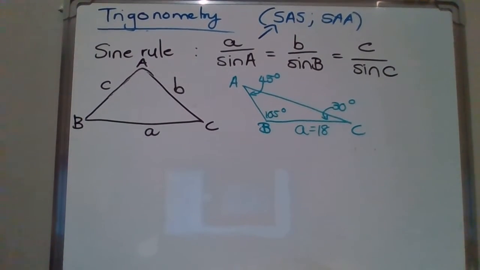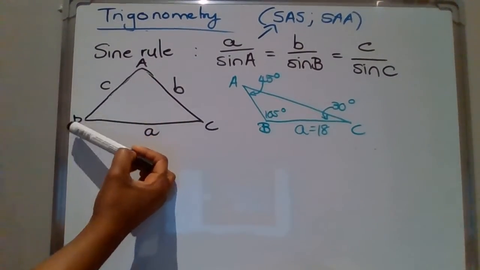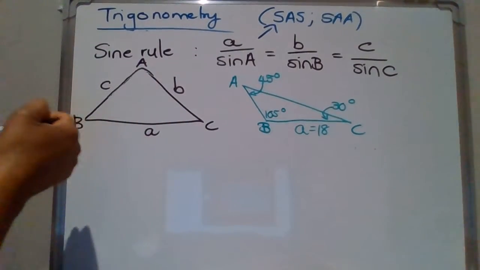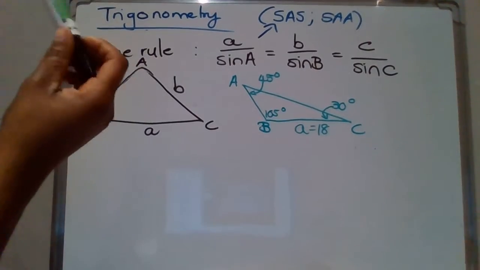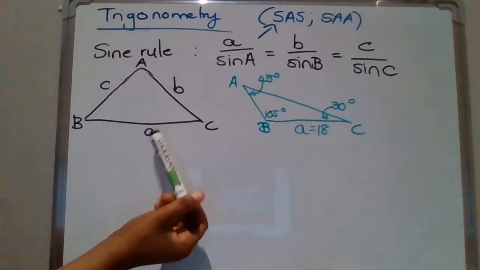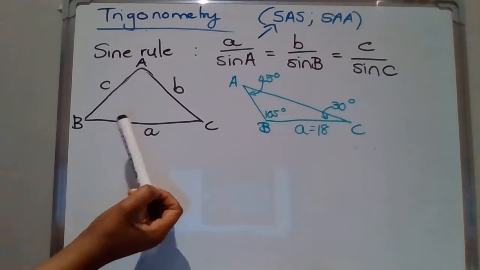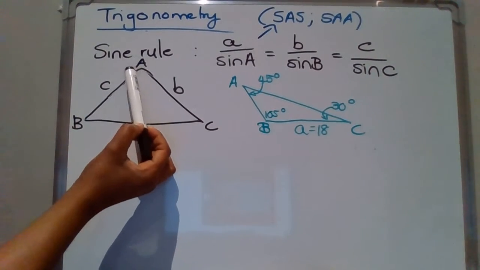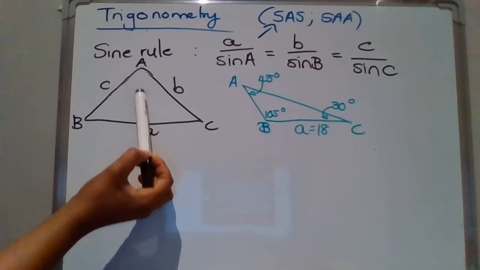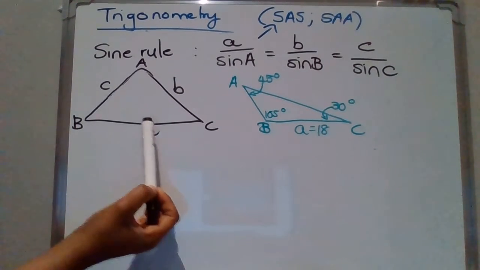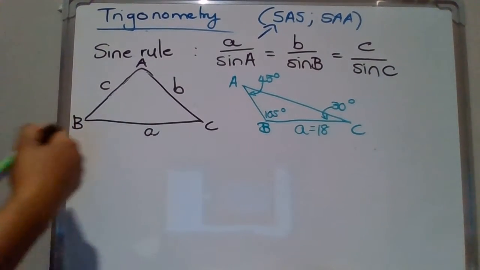The sine rule says if you are given a triangle A, B, and C, then the sides, we name them like this. If this is angle A, the side that is opposite that angle A, we name it small letter a.